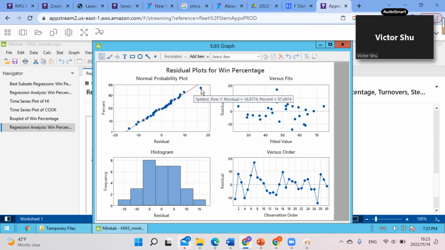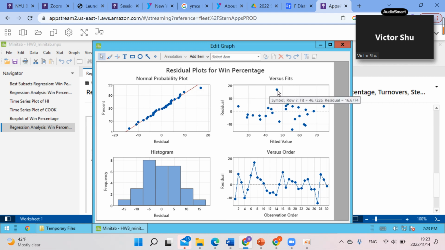Remember, Minitab gives two outliers, row 7 and row 27. Most of the residuals lie on the red line, despite this one. So basically it has an abnormal residual.